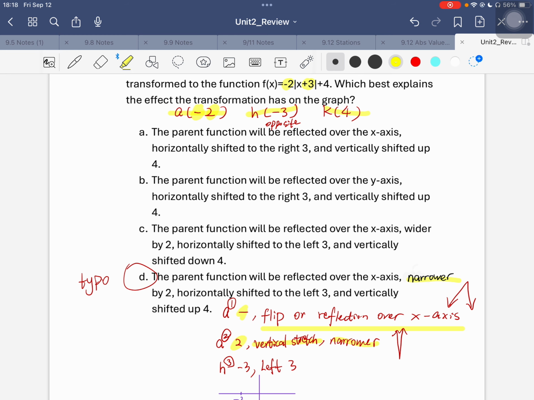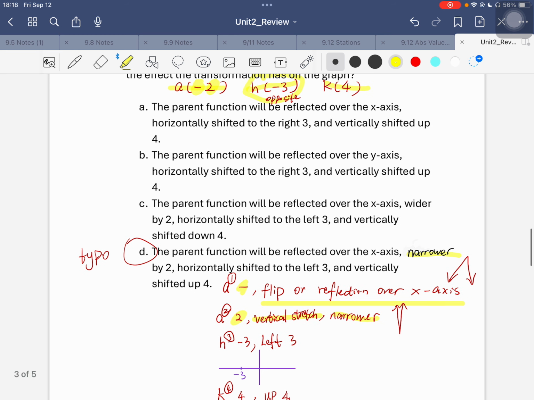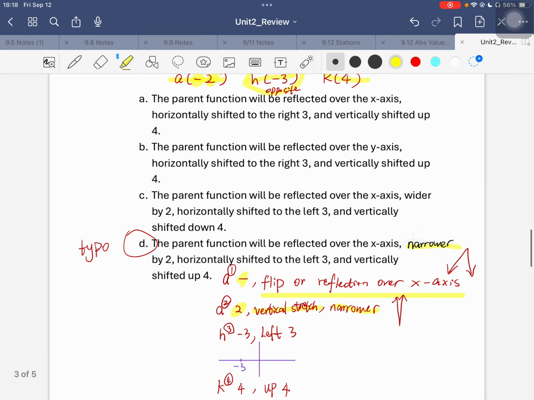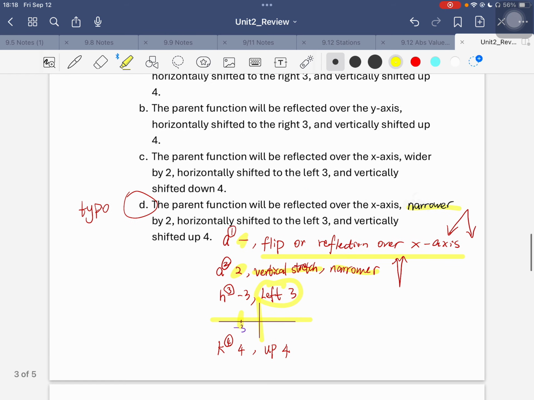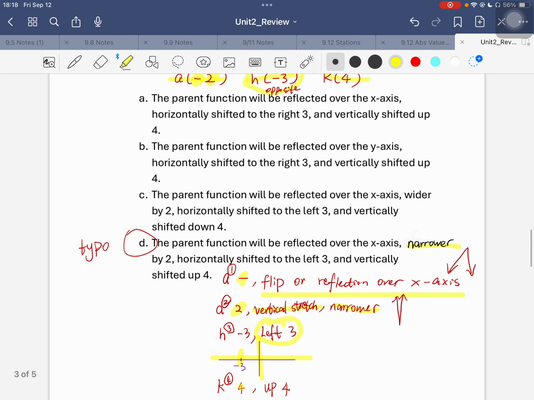Now, the third step is to look at the H. H is -3, and we have a graph here, and we found H. -3 is on the left of the graph, so we say H is left 3. K is 4. K is telling the truth. 4 is +4, so it's just up 4. Now let's look at these answer choices.